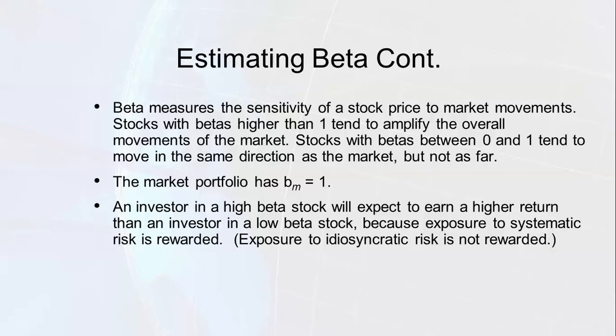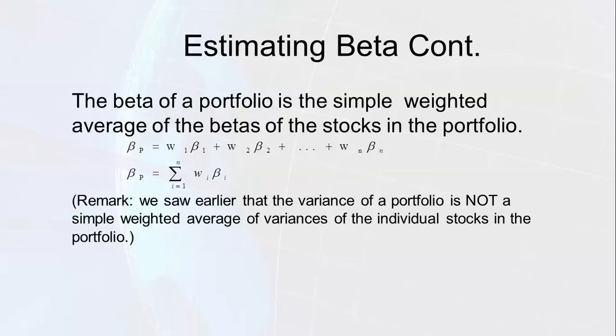If it is more than 1, the security is riskier than the market, and if it's less than 1, it's less risky than the market. Okay, so beta shows the risk. Beta is the measure of systematic risk.